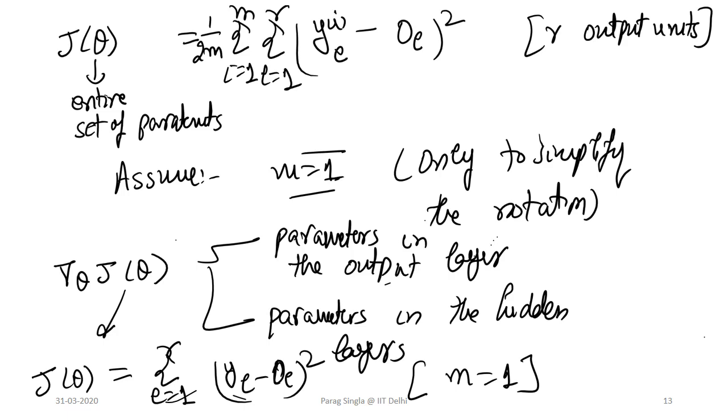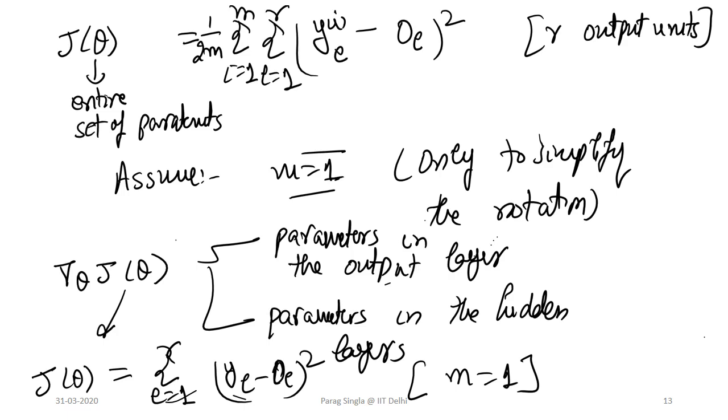And why do we separate them out? Because as you can see, the outputs that we produce, the O^L, are directly dependent on the parameters in the output layer, but they are indirectly dependent on the parameters in the hidden layers. So we'll separate this out while computing the gradient.